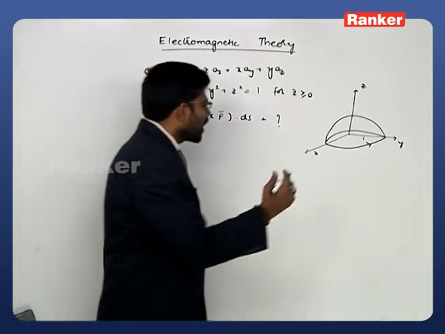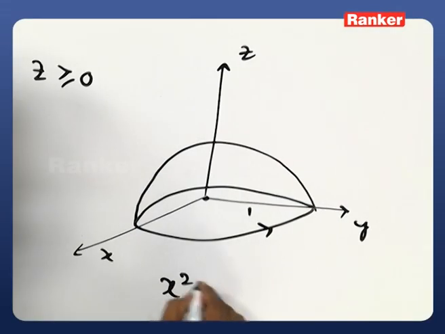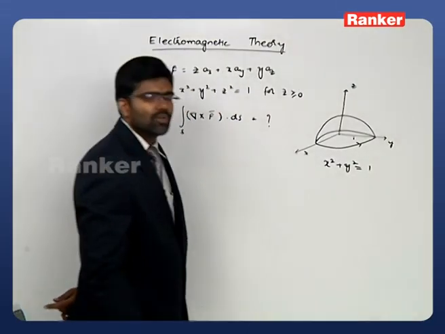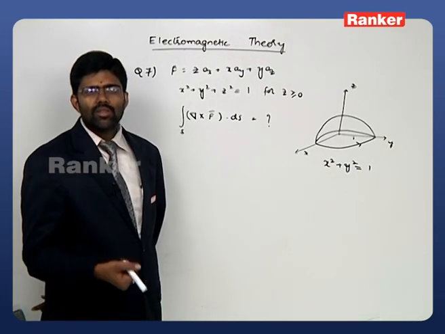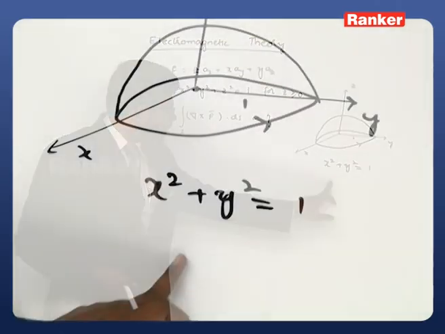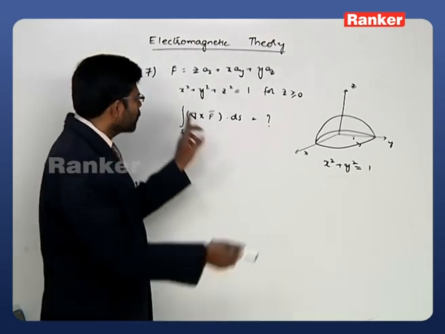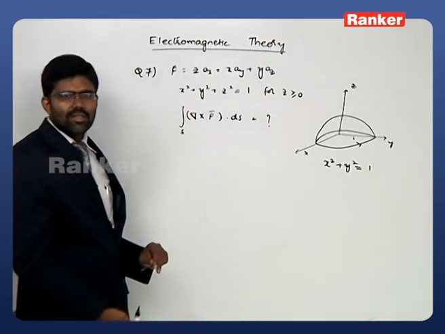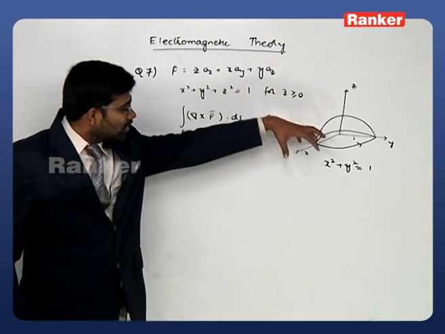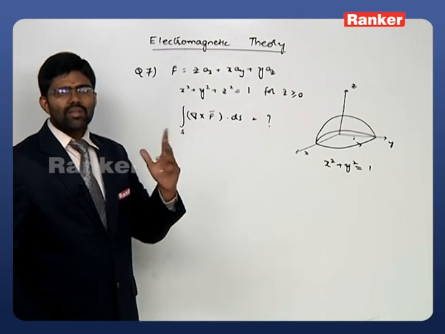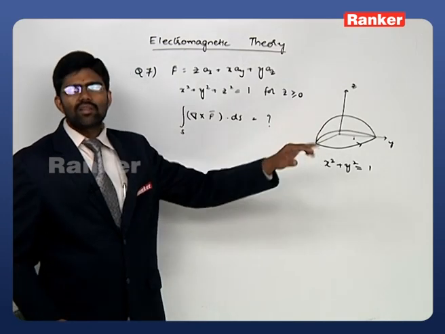So I will write down the equation of that circle for that closed line, that is x square plus y square is equal to 1. For our convenience, I will take the equivalent of this x and y in the cylindrical coordinate system. Actually this was given in a rectangular coordinate system, and the shape is a sphere. For our convenience, you can take the equivalent in the cylindrical coordinate system.